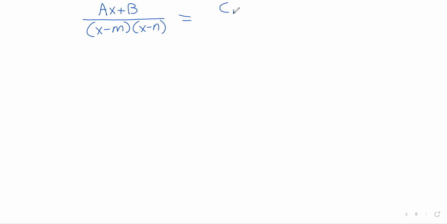That this can be written as the sum of a number divided by the first term of the factored quadratic, plus a number divided by the second term of the factored quadratic.